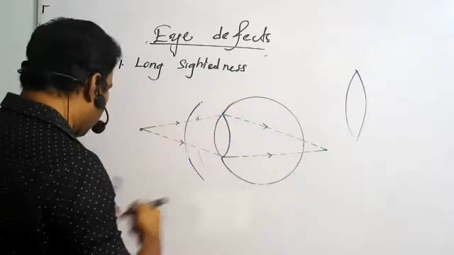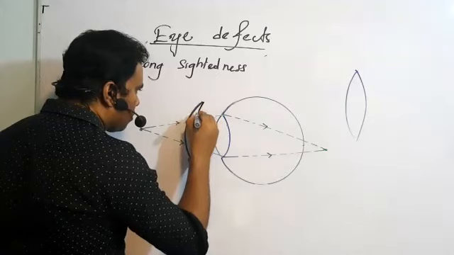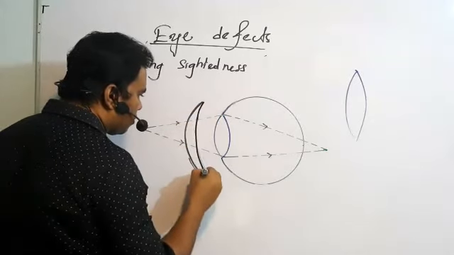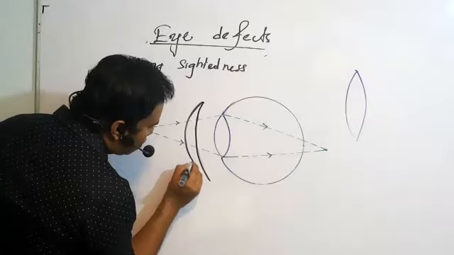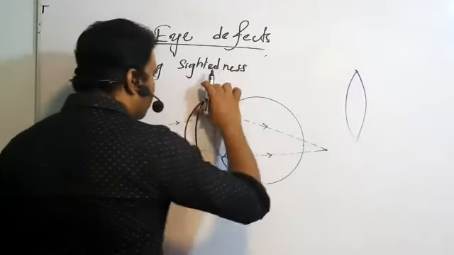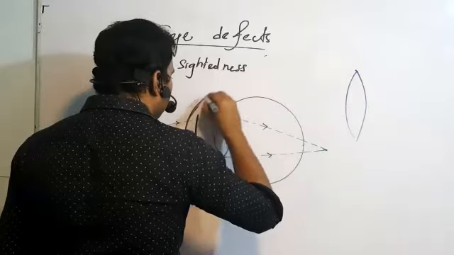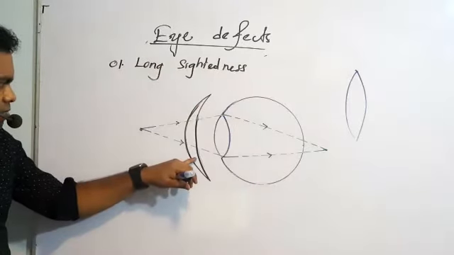I'll use the black color. This is the spectacle lens.